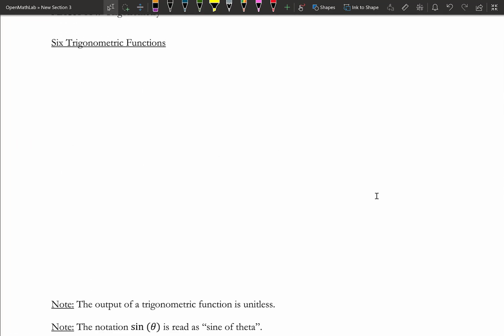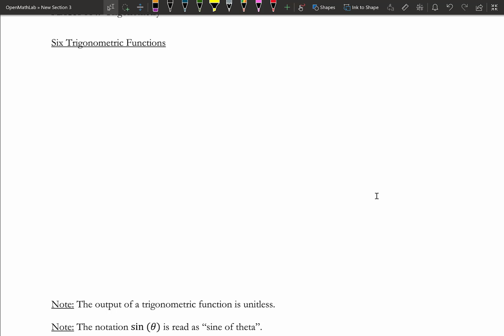Right. So then the next section that we want to go over is the 6 trigonometric functions. If you remember from college algebra, from high school, a function has an input and an output, right?